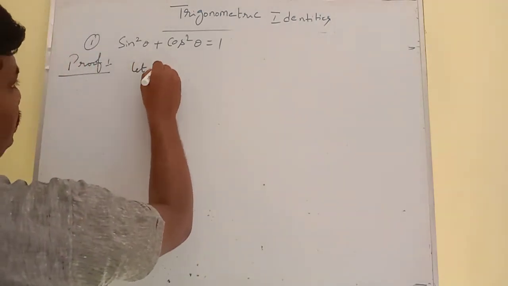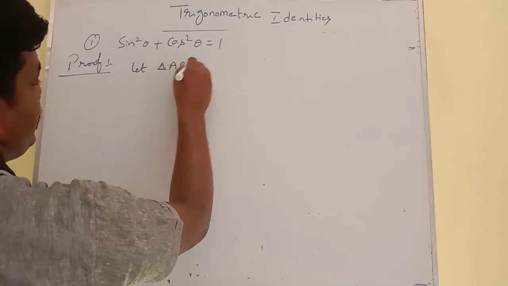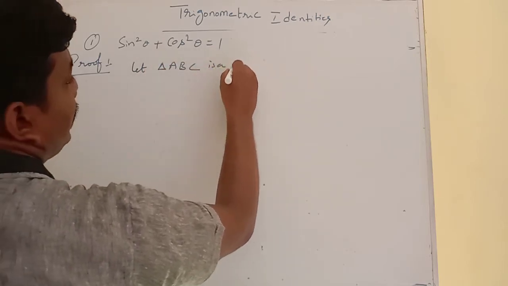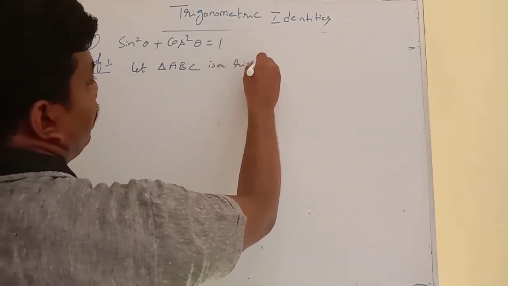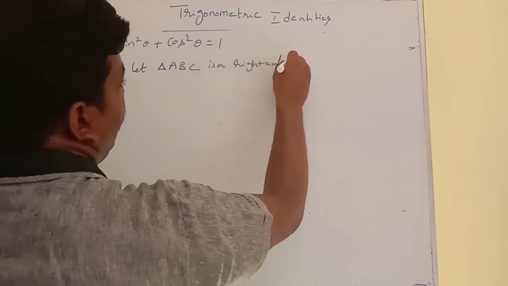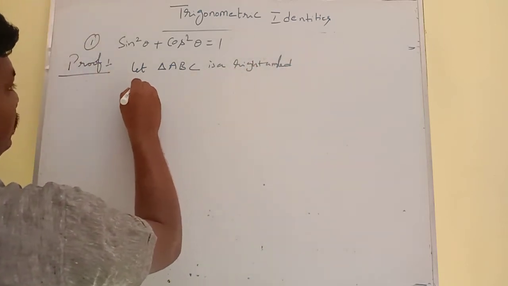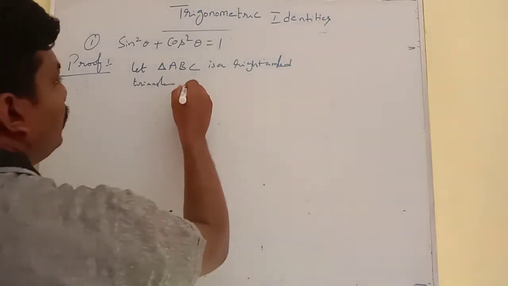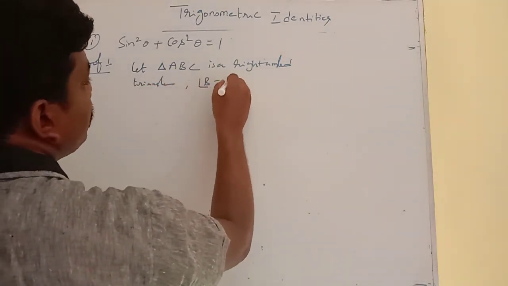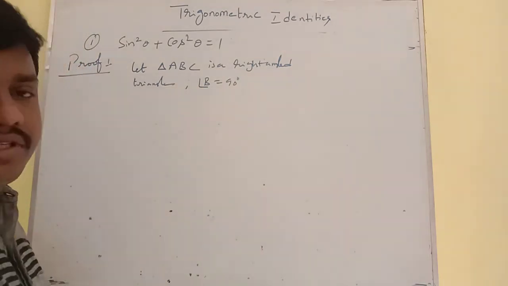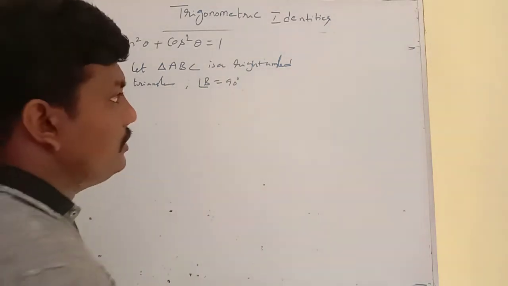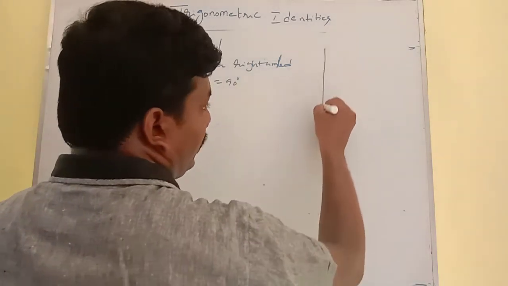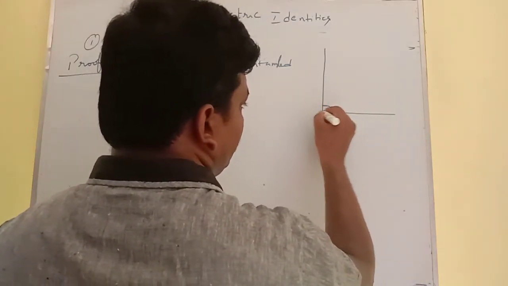Let triangle ABC be a right angle triangle, with angle B equal to 90 degrees. Let me draw the right angle triangle with angle B equal to 90 degrees.